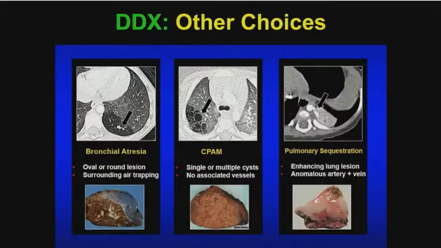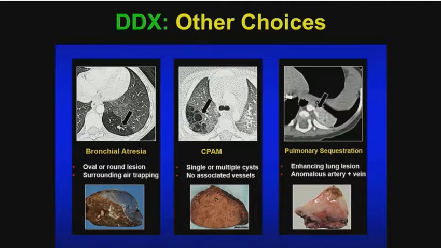We need to discuss a little bit about other choices and why they were not the right answer. First of all, bronchial atresia. You will see some oval-shaped round lesion with the surrounding air trapping. In our case, we didn't see those, neither the oval-shaped round lesion. And CPAM typically has multiple or single cystic lesions, and they do not have associated abnormal vessels, and typically no hyperinflation of the lobe.